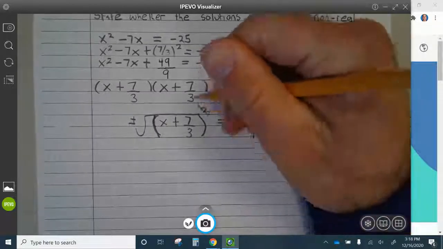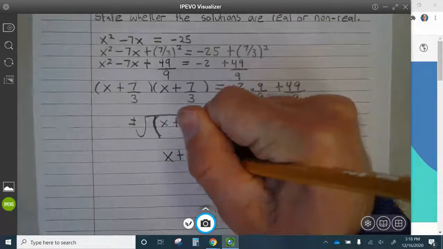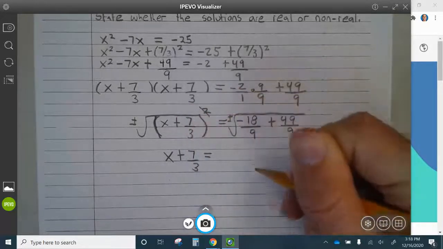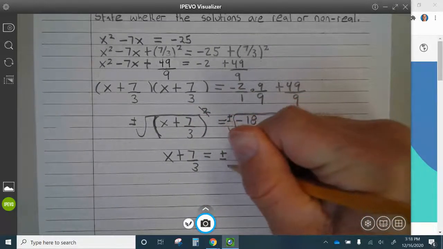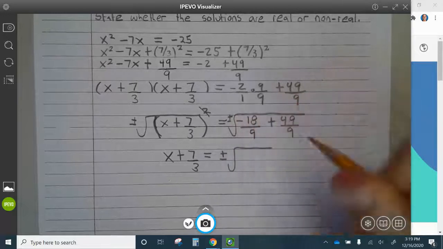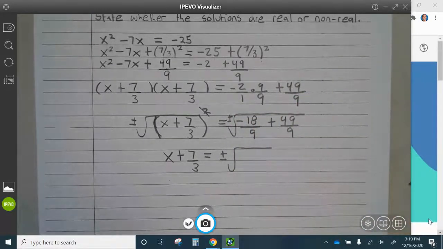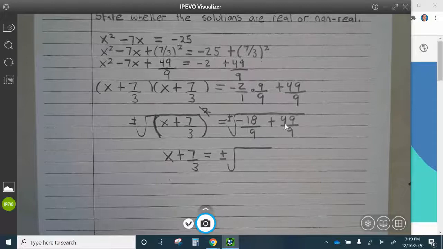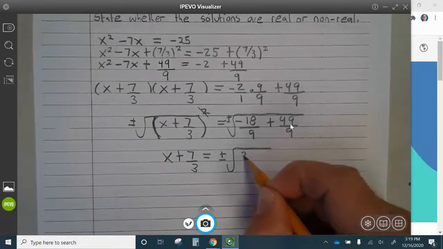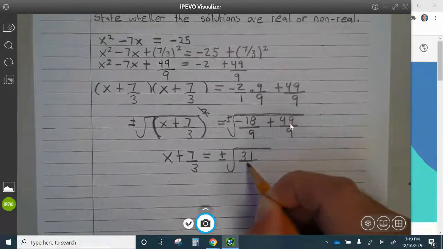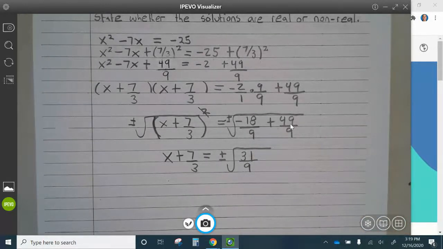Okay, this cancels. You're left with x plus 7 thirds equals plus or minus the square root. Let's go ahead and simplify this. Okay, so we can do the numerators, negative 18 plus 49, which would be 31 divided by 9.